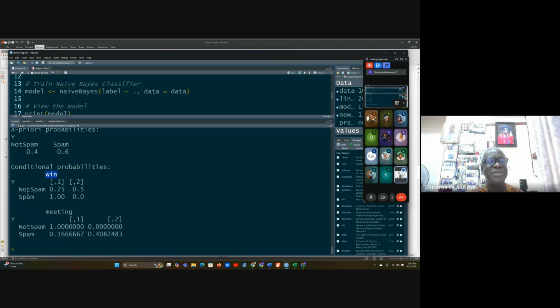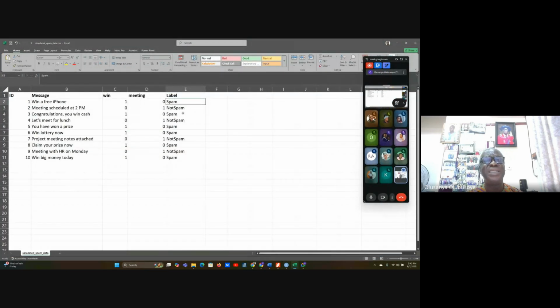This is when you have not spam and the word when appears there. What does it say? For this one, if an email is spam, it always contains the word when, which means it is certain. If you look at the data, you will notice that anywhere the word when appears is always labeled as spam.